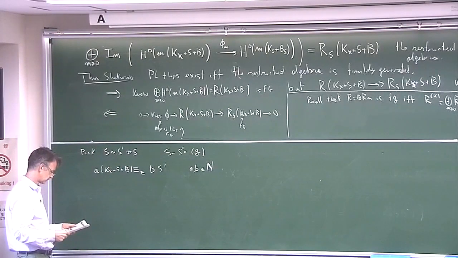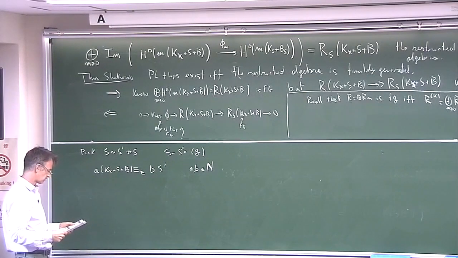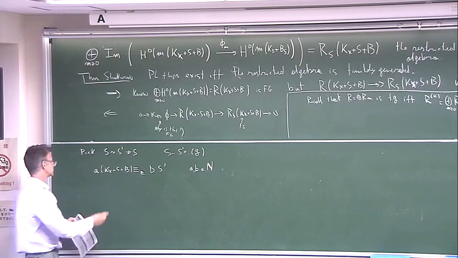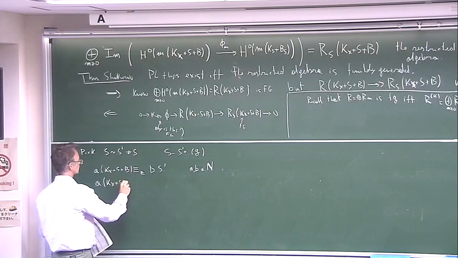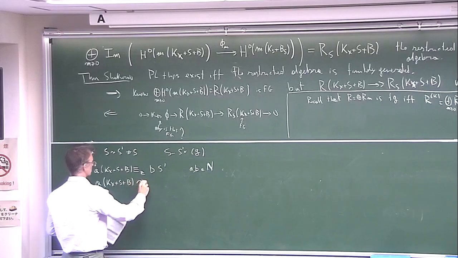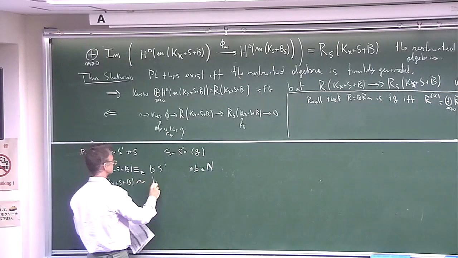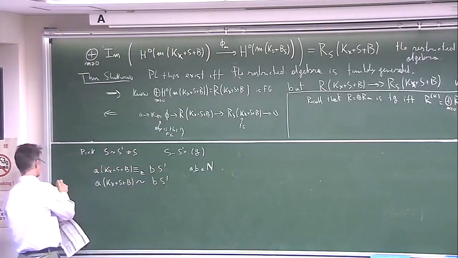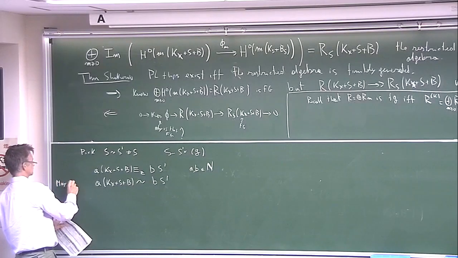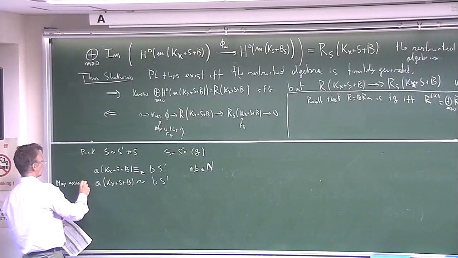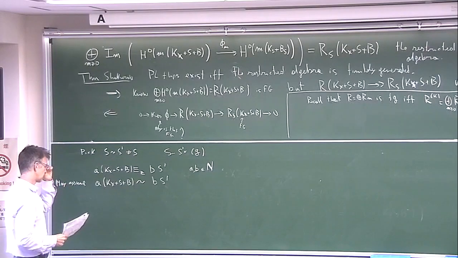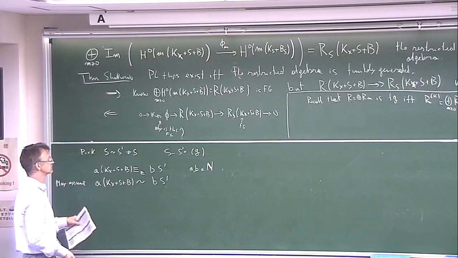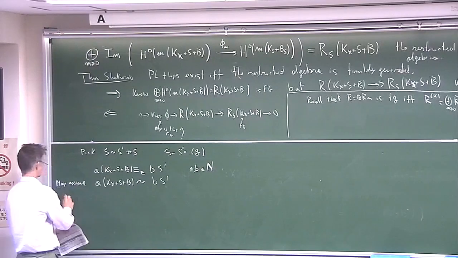Okay, hopefully I don't lose my notes, because now I would like to promote this to actually having linear equivalence. So we may assume this. Now, why is that? Okay, let's think about it for a second. First of all, well, let's prove it.